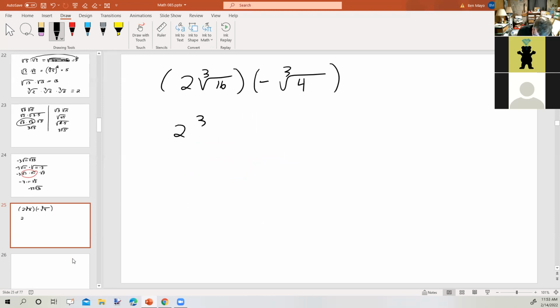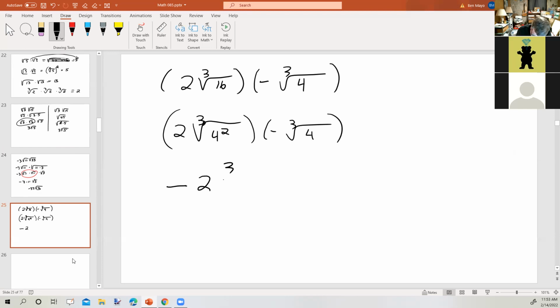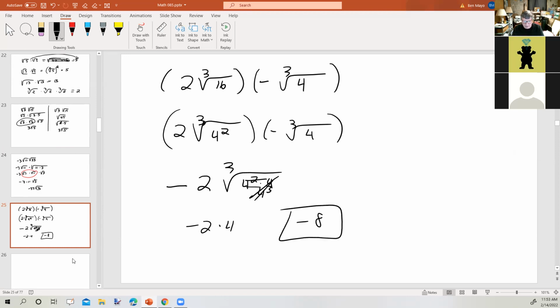That would be 2 cube roots of, I could take 16 and break it down to 2 times 2 times 2 times 2, but I'm going to break it down to 4 squared because now I've got a -2 cube root of what? 4 squared times 4, which is 4 cubed. So -2 times the cube root of 4 cubed, -8. Again, you see what I'm doing there? Is there anybody getting lost in what I'm doing?